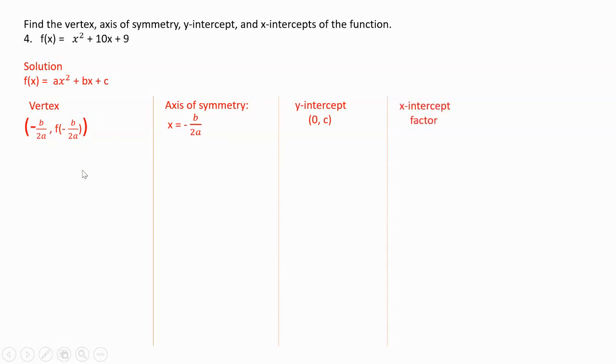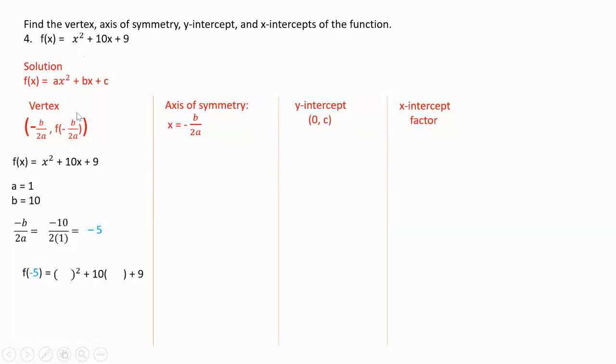Okay, so let's find the vertex first. So my a will be 1, and my b will be 10. So negative b over 2a, all we do is plug in the values for b and for a, which were 10 and 1. They will give us negative 5. Negative 10 over 2 will give us negative 5. That's the x part of the vertex. For the y part, we plug that back into the original problem. So we're going to find f of negative 5.